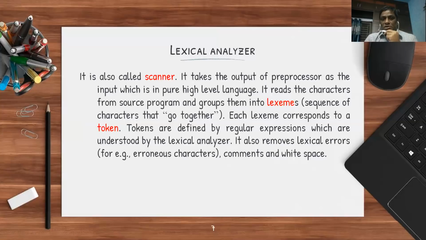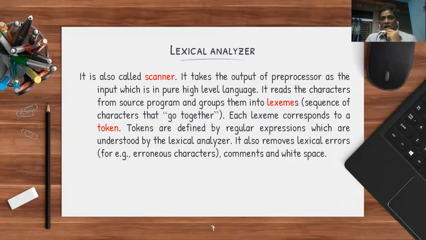That is the statement you wrote in a C program. If that statement is given to the lexical analyzer, it reads the characters one by one from left to right.